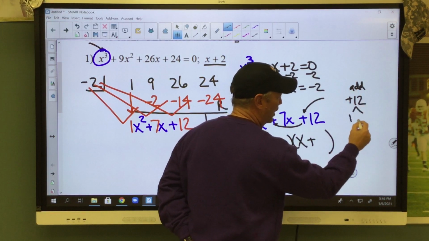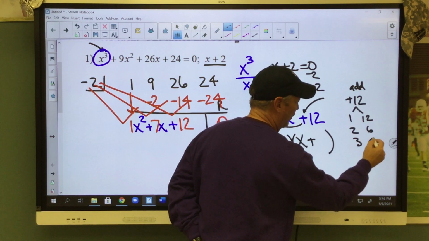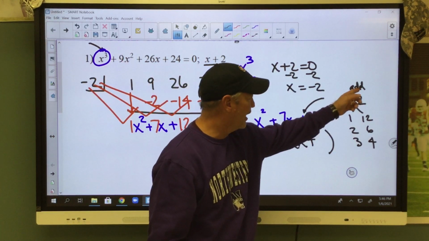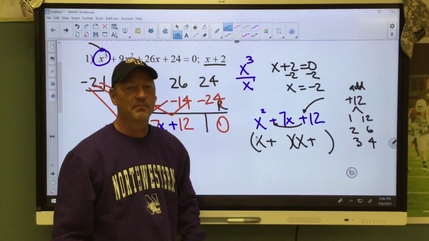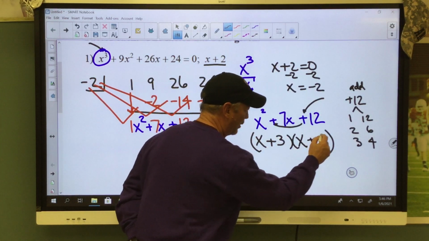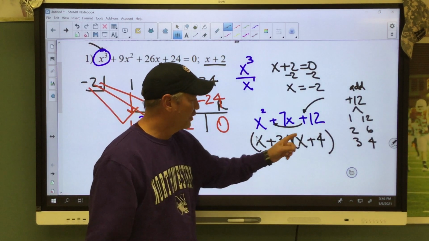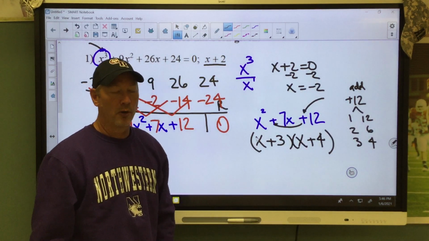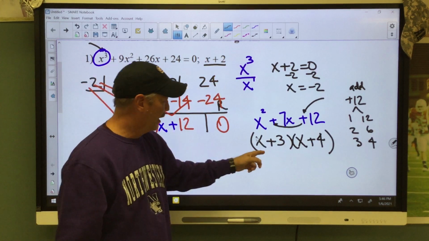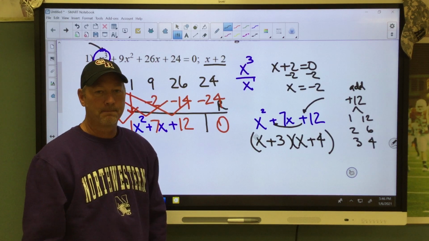And we're looking at 1 times 12, 2 times 6, 3 times 4. Which combination added together will add up to 7? And yeah, we're going to pick 3 and 4. There are our last 2 factors that we were looking for. They gave us one, x plus 2, and there are the other 2, x plus 3, x plus 4.